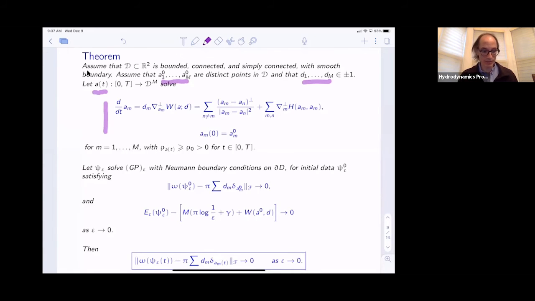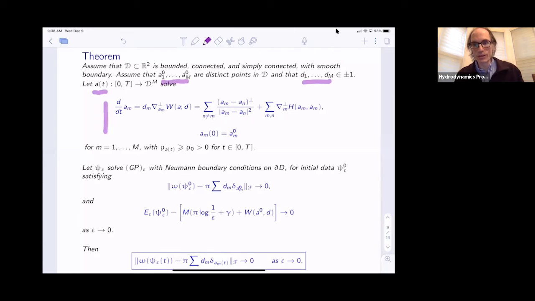So the energy I get by cutting out balls of radius r around the vortex locations, computing the L2 norm, subtracting the divergent part, which is m pi log 1 over r, and letting r go to 0. And so this is the finite part of the energy, where I'm able to throw away the contribution of the rapid rotation around each vortex. Okay, and so that's really a way of writing the point vortex ODEs.